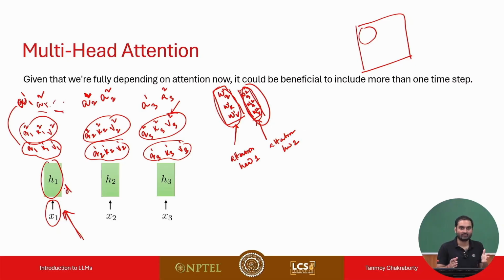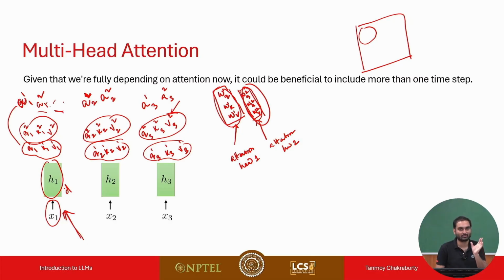So if there are two attention heads, what's the resultant vector size? d and d. Then what to do with these two vectors? Remember, the next layer has this self attention block whose input is a vector of size d. But now you obtain two vectors of size d. What to do? You concatenate them. If you concatenate them, the size will be 2d.